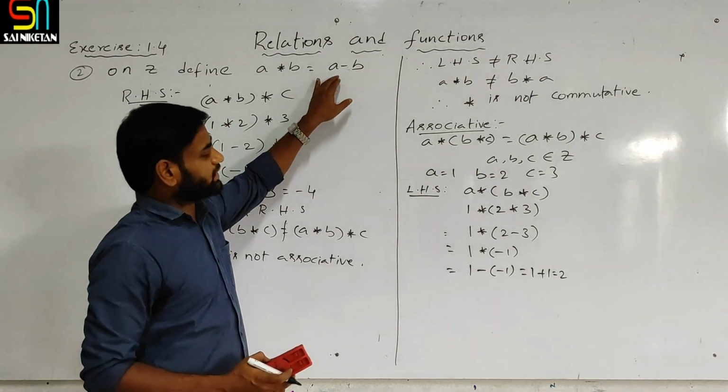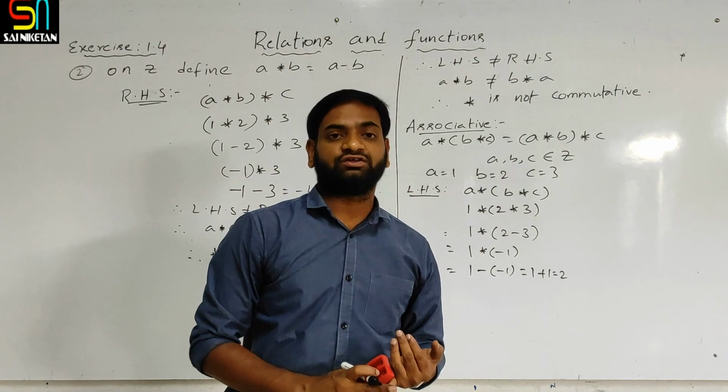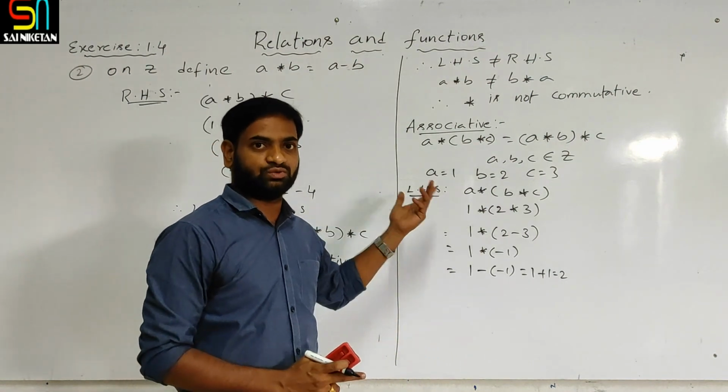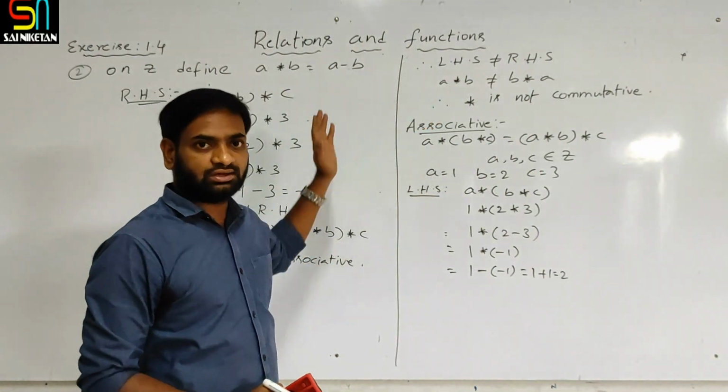So this operation A star B equal to A minus B is a binary operation. After that, we checked whether it is commutative or associative. So A minus B is not commutative and not associative.